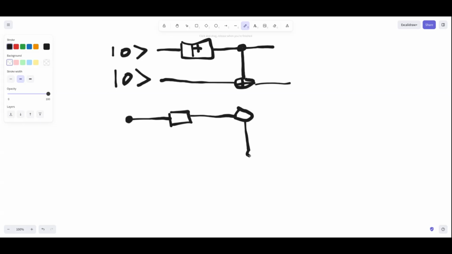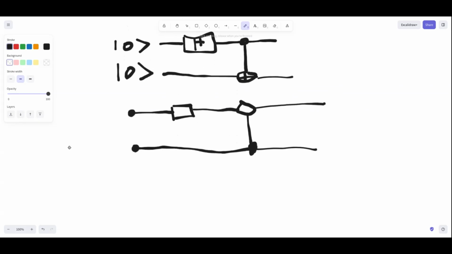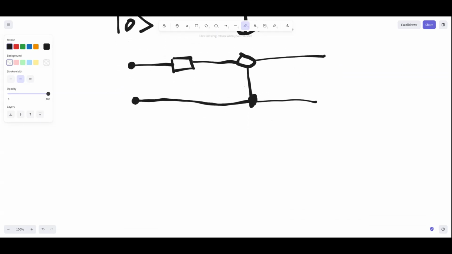To remember, just think that the complicated one is the black one and the simple one is the white one. Second qubit in this state. And yeah, so you have this, and you want to do some simplification about it.